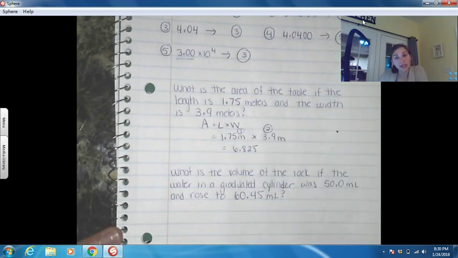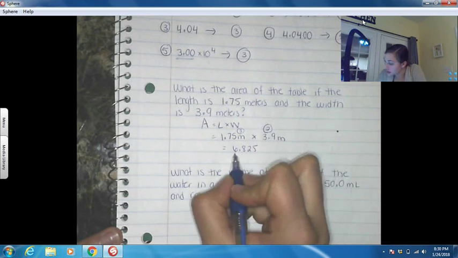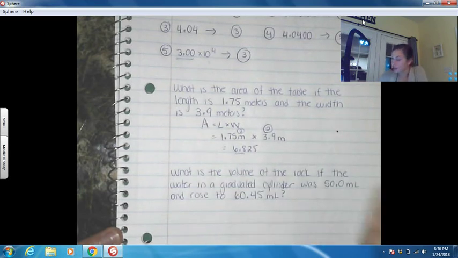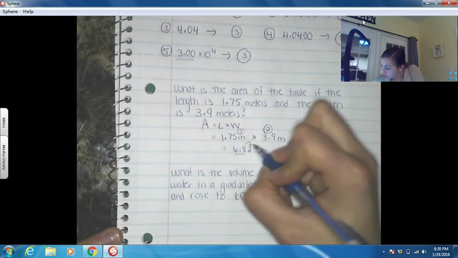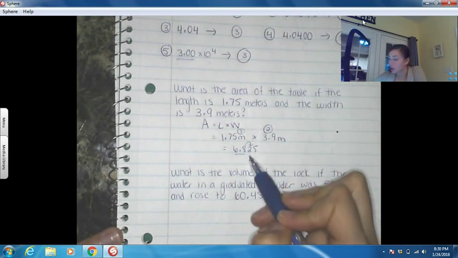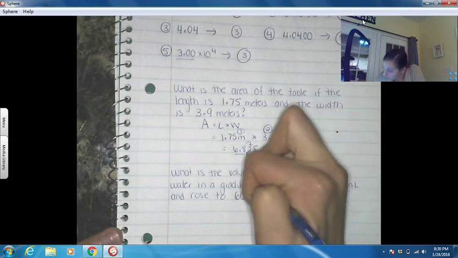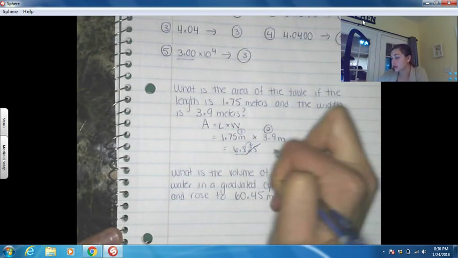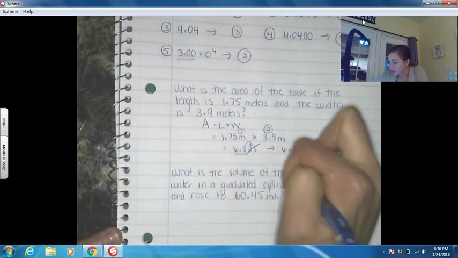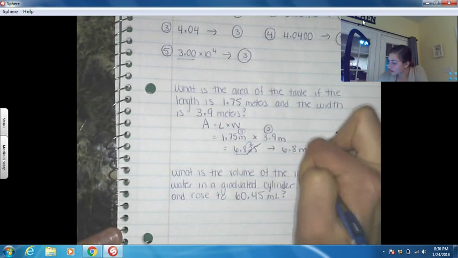I need 2 significant figures, so the 6 and the 8 are significant. I look directly to the right, which is a 2. A 2 does not round this number up. So what we're going to do is simply drop these. So it becomes 6.8 meters squared.